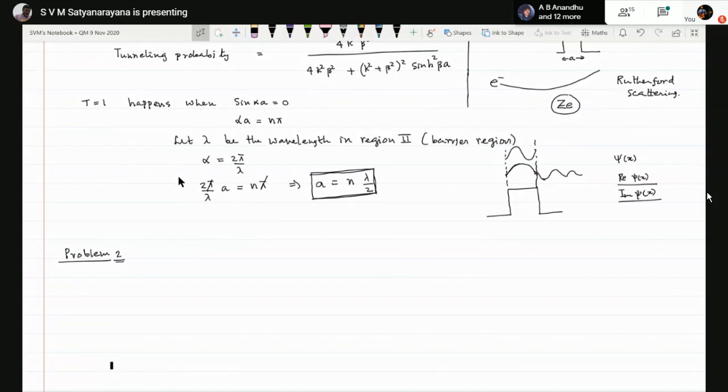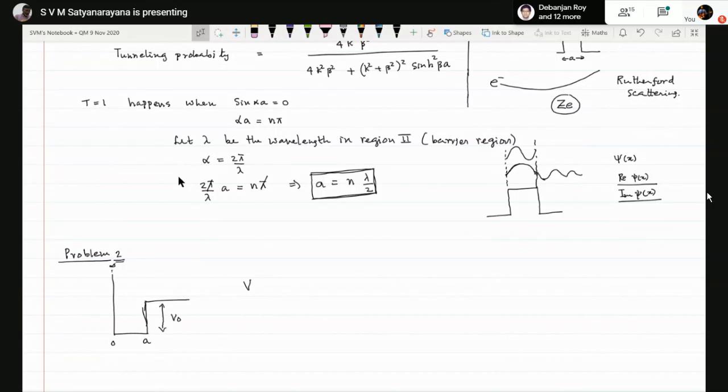You have an infinite barrier here, that means it goes up to infinity. But then this is 0, and this has only a finite height here. So this is V naught. Let's say this is 0 and this is A.